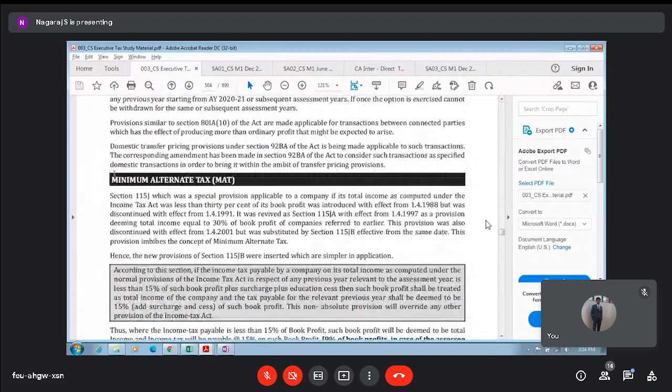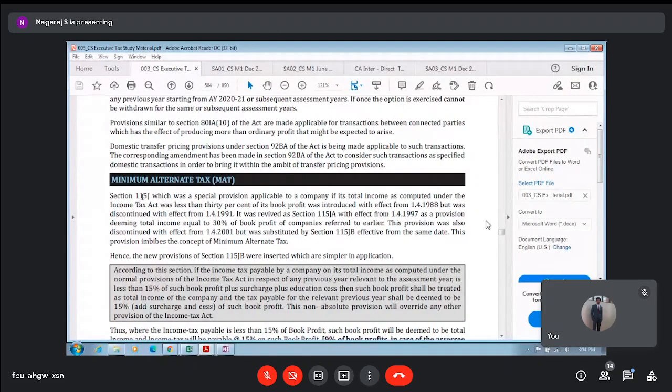MAT, minimum alternate tax. Before that, we need to understand the tax rates of the domestic companies. Why is the tax rate important? I will tell you why it is important to understand 25%, 22%, 15%, those kinds of things.